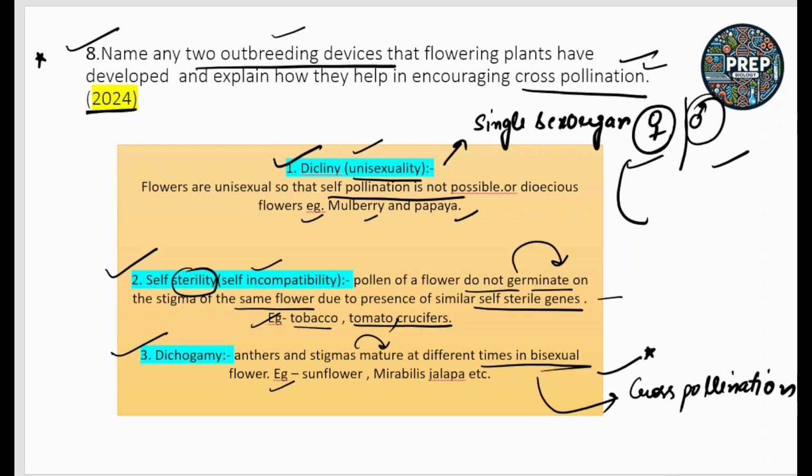The examples are also very important. So these are some of the outbreeding devices.